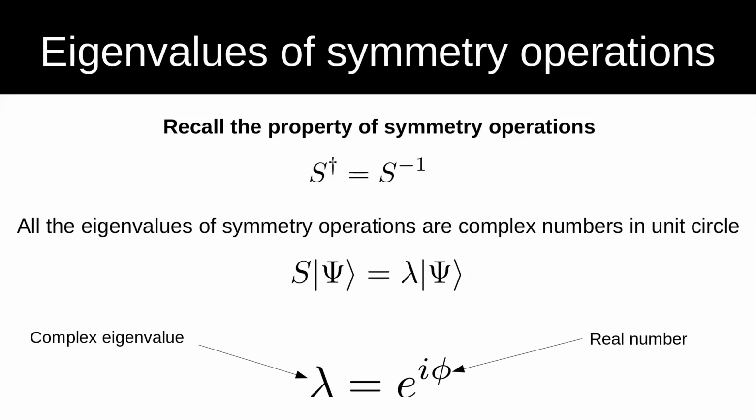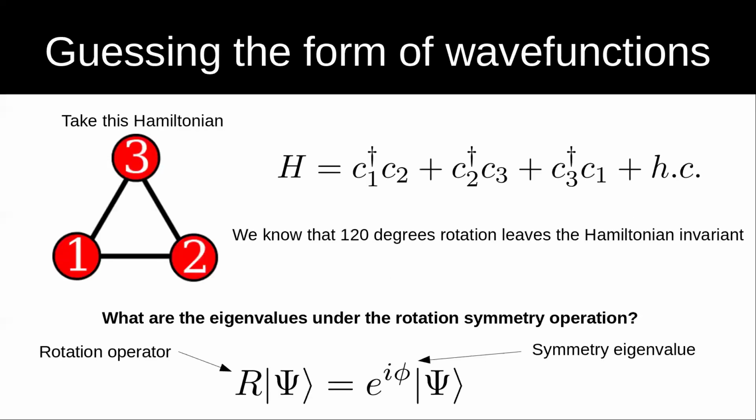So we can always write the eigenvalue of the symmetry operation as e to the i phi. If the eigenvalue is +1, then phi is 0. If the eigenvalue is -1, then phi is pi. If the eigenvalue is something else, we may have a finite phi that gives rise to a complex number.